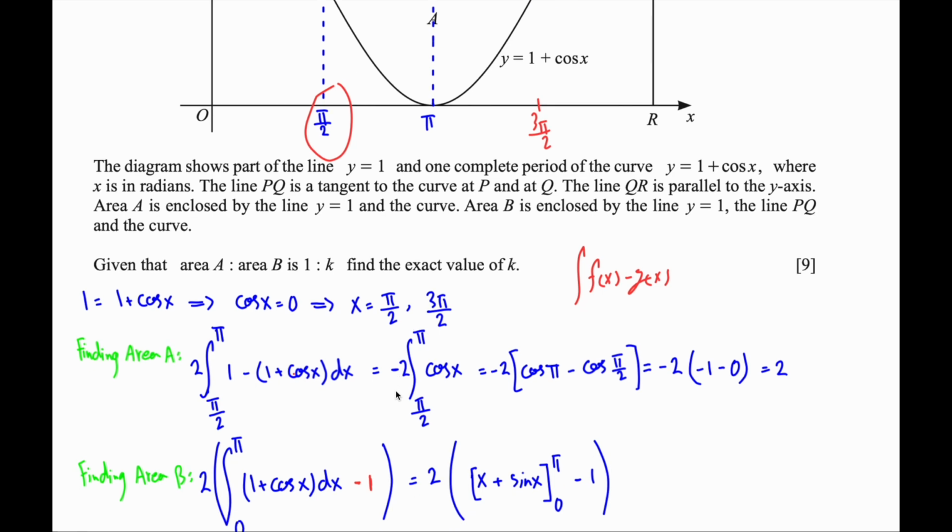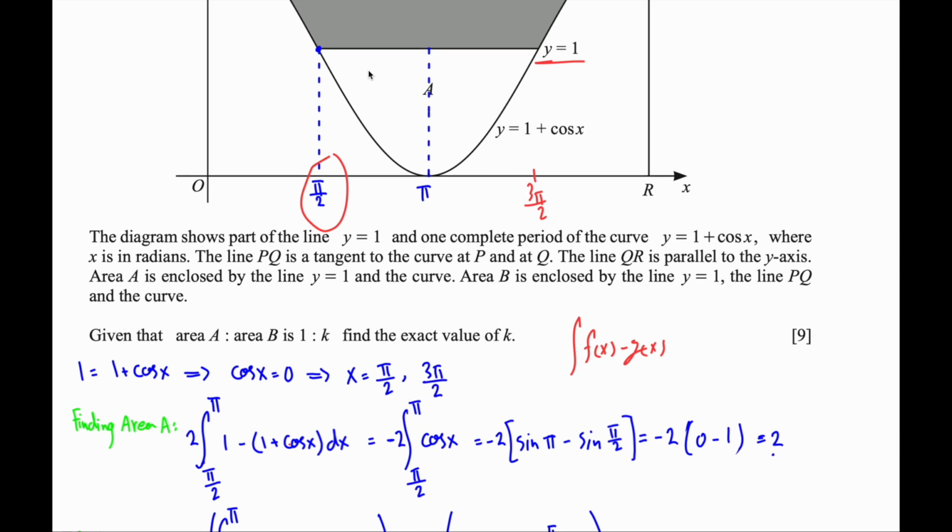You can take the negative outside. The integration of cosine x is sine x, and once you apply the upper and lower limits, you end up with sine pi minus sine pi over 2, where sine pi is 0 and sine pi over 2 is 1, and the final answer is positive 2. And that's the area of the whole A.